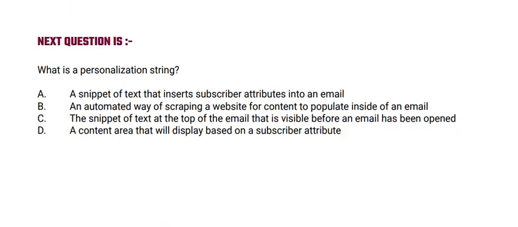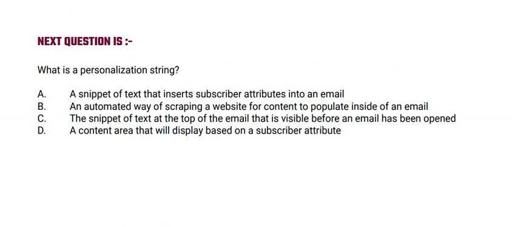Next question is: what is a personalization string? Options are: option A, a snippet of text that inserts subscriber attributes into an email. Option B, an automated way of scraping a website for content to populate inside of an email.